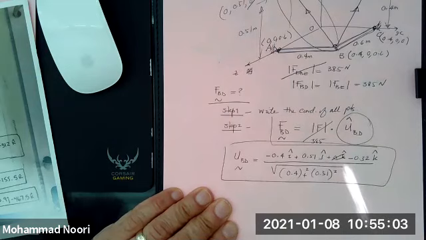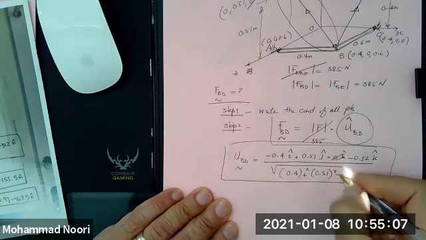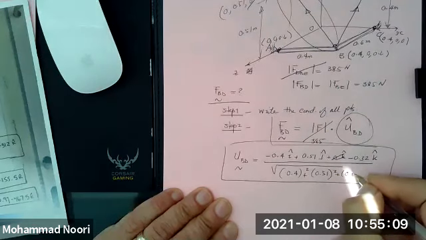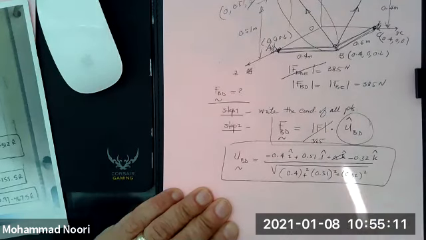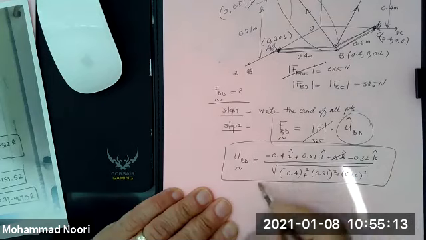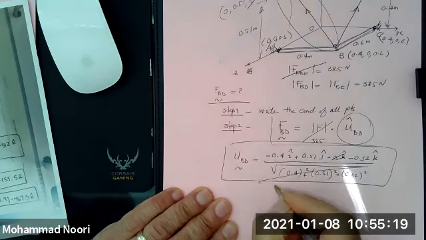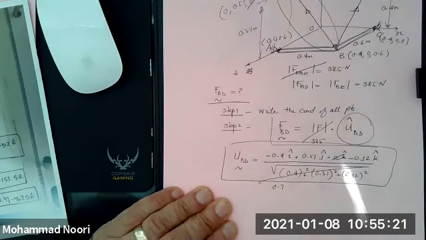So this is the unit vector equation for this force. If you simplify, plus 0.32 squared, what is under this square root comes out to be roughly 0.7.